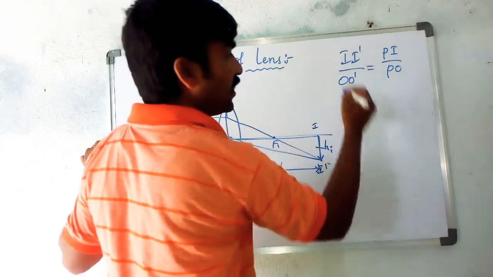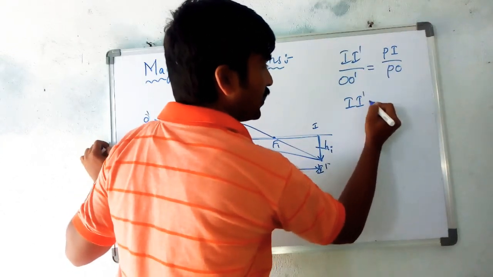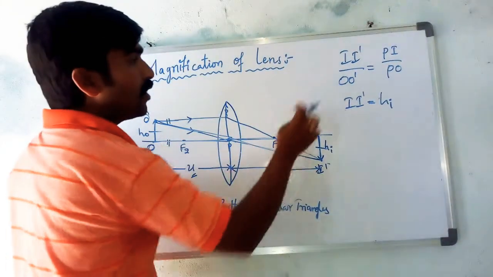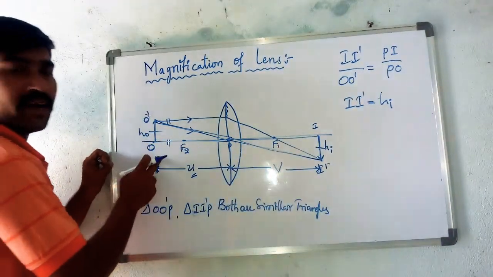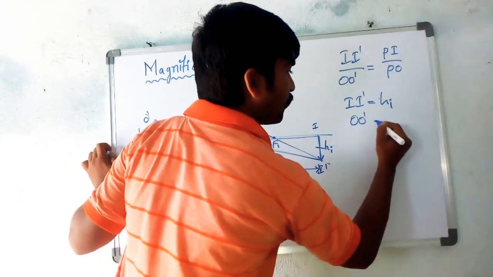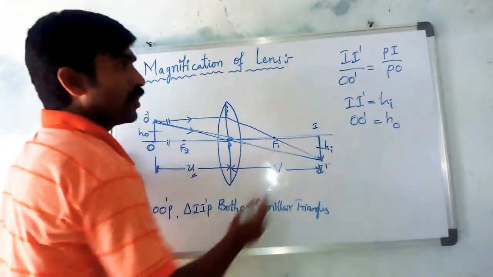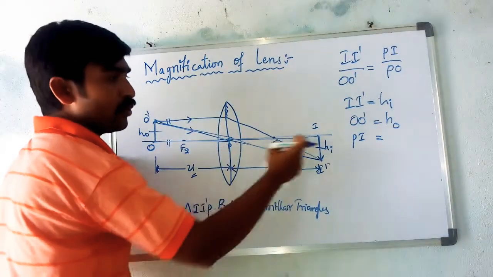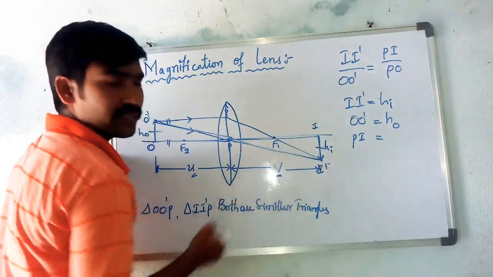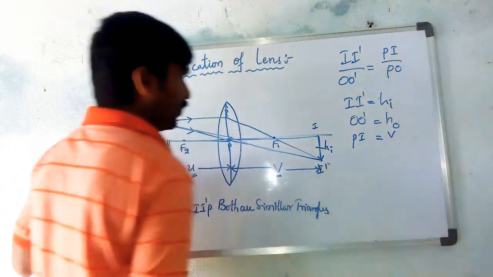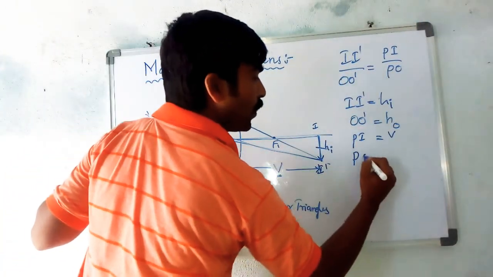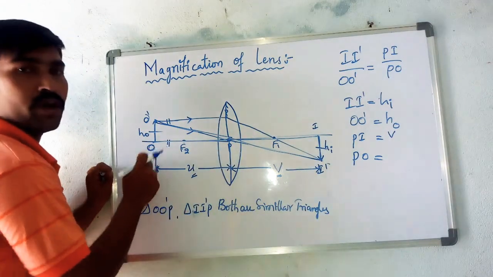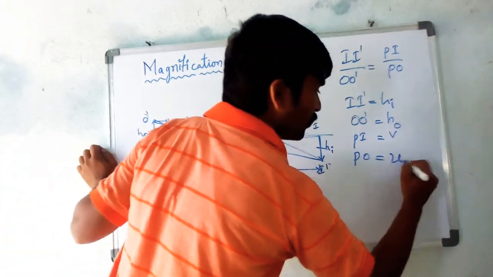I dash indicates the image height HI, and OO dash is the object height HO. PI means optic center to image, that is the image distance V. PO is the distance between the optic center and the object, that is U.